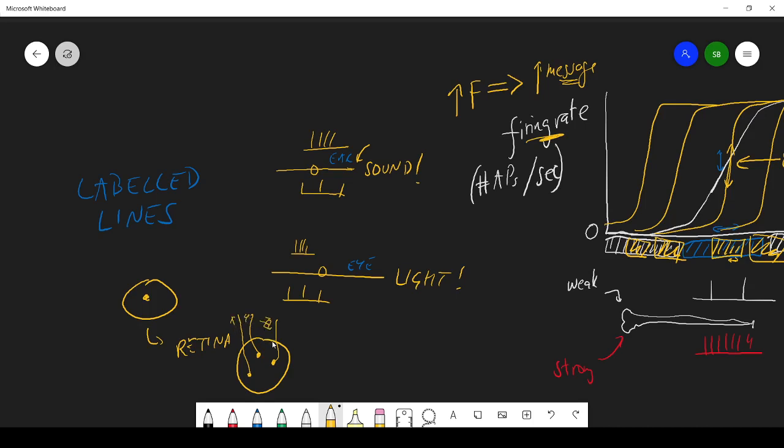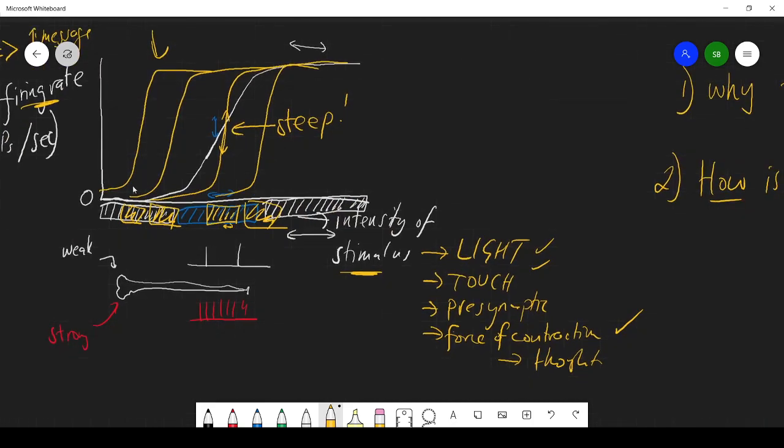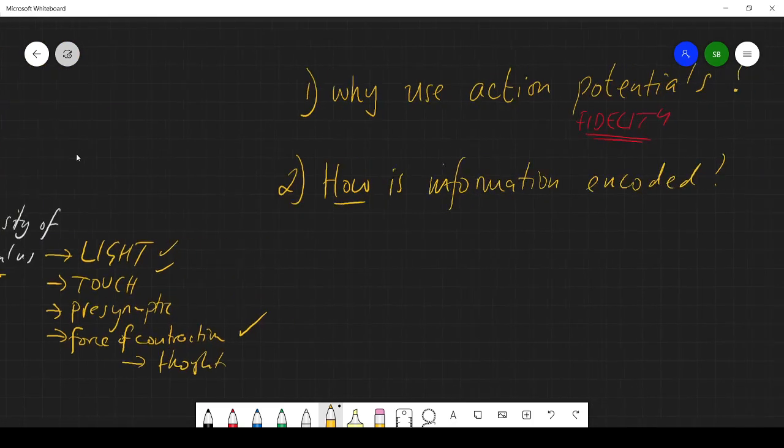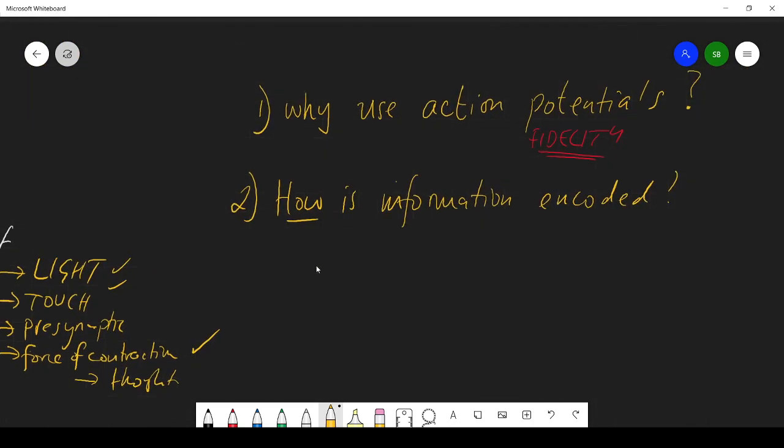So where is the information? It's in which neurons are firing, and how fast they're firing. So to answer our question, how is information encoded, we have a combination of frequency and the labelled line.